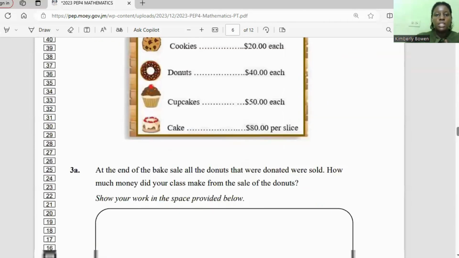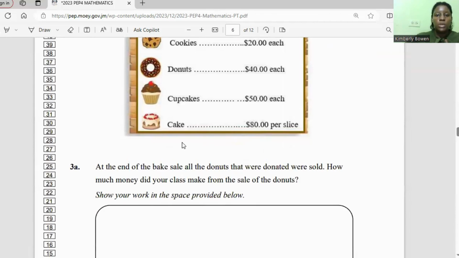So there were 36 donuts. So if there are 36 donuts and each donut was sold for $40, then we'll multiply 36 times 40.